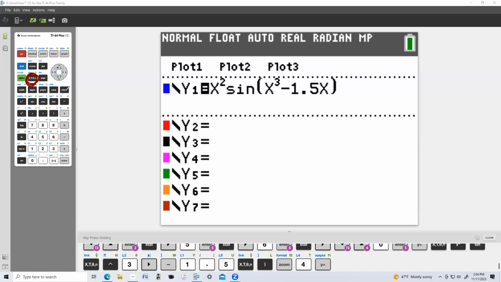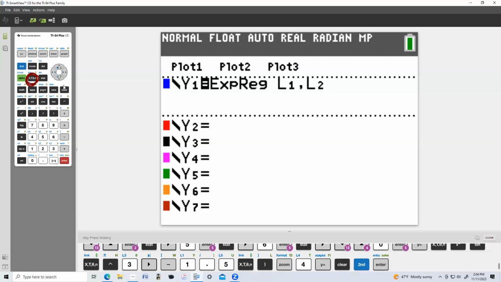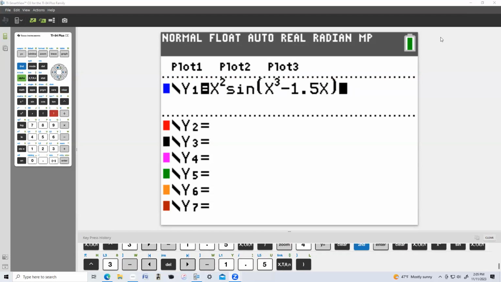And the other thing I will mention is in calculus, you need to be in radians. Okay, so I'm going to go back to this. I just hit delete by accident. Sorry about that. I inadvertently deleted my function there. So there it is again.